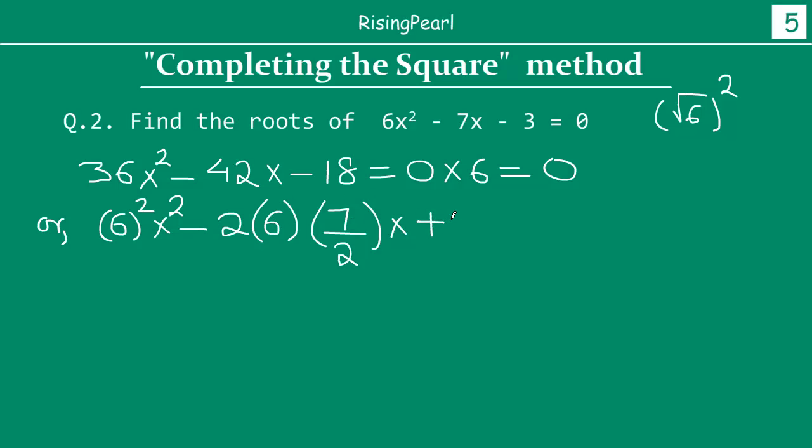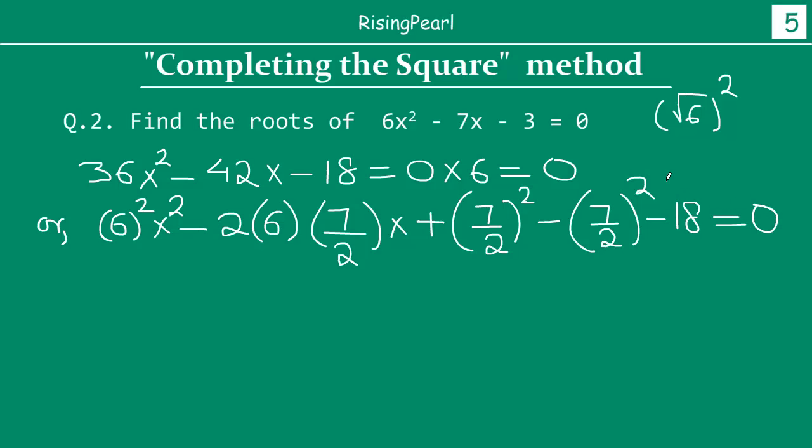So then we have to now add 7 by 2 whole square, and because we added this we have to subtract this 7 by 2 whole square and minus 18, right? Minus 18. So this is equal to 0.